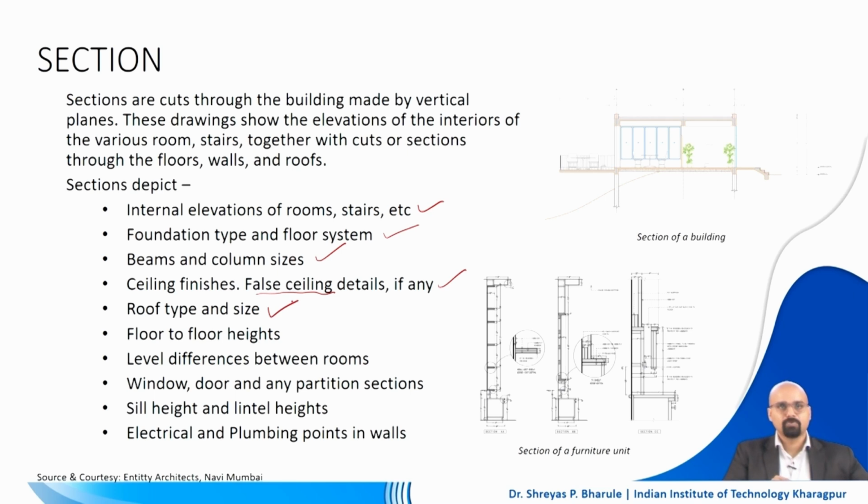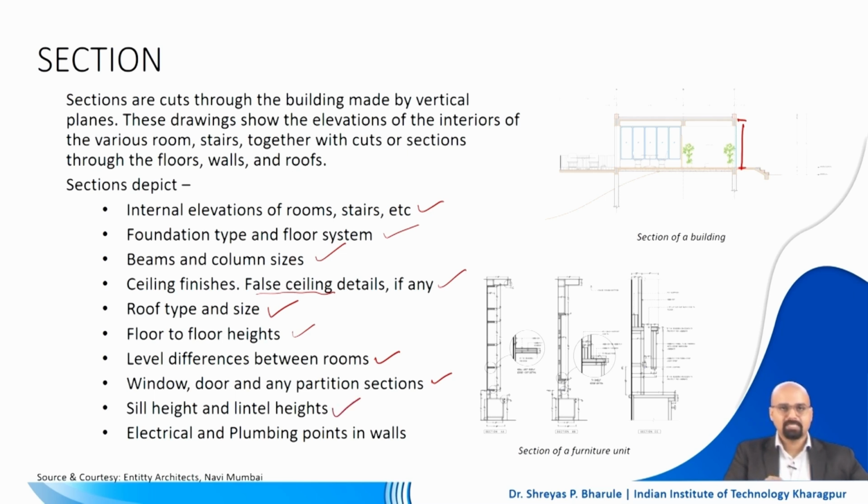Next will be the roof type and the size of the roof, the floor to floor heights, which is this distance, will also be mentioned, and the level difference between rooms. So if there are some steps or staircase between two rooms, the level is also mentioned there. The doors, windows and partitions, if there are any within this particular building, when you draw a section, you also have to mention that.